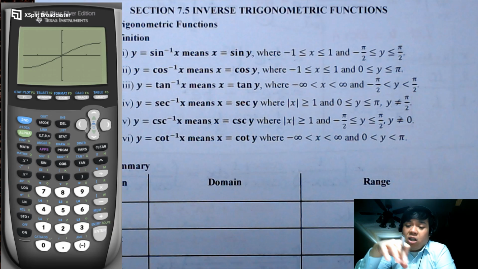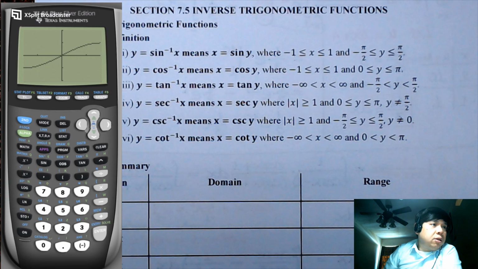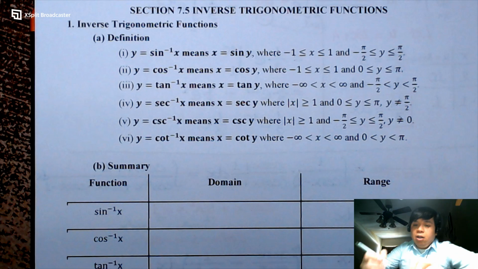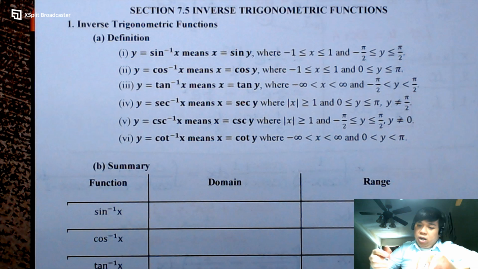Bottom line is, I just want to summarize all of this information onto this table here. Now, the sine inverse, we want it to be just like that. And the domain, I'm just going to copy all of this. Sine and cosine, it's a wave, so it is between 1 and negative 1.